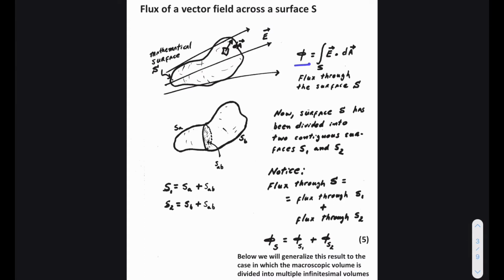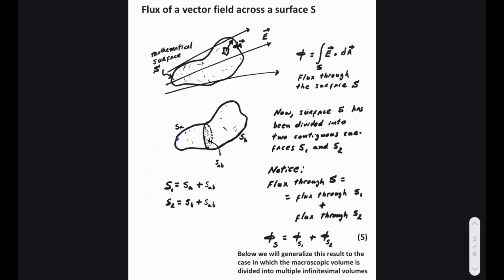So if we consider two mathematical surfaces like this, then the total flux would be simply the summation of these two flux. Now say that we divide this mathematical surface in two parts like this. This portion we can call SA and this one SB. And this is the common surface.